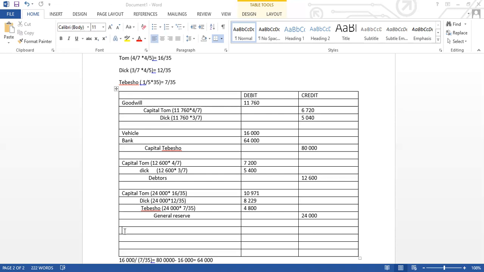Are we together? Yes. It is actually just the same, because 1/5 is the same as 7/35, so it will give you the same answer in the end.